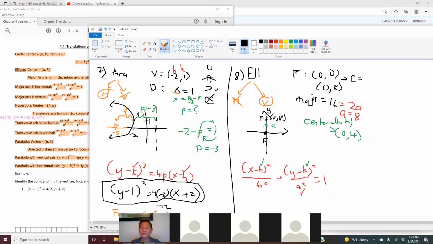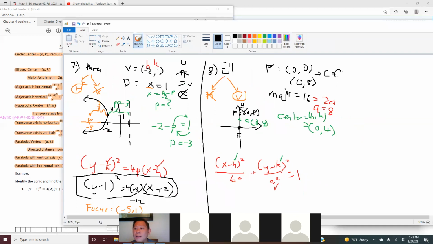So how far is this to the foci? How many units? If this is 0, 4, then 4. Yep, so your c is 4. See, the picture will help you a lot.